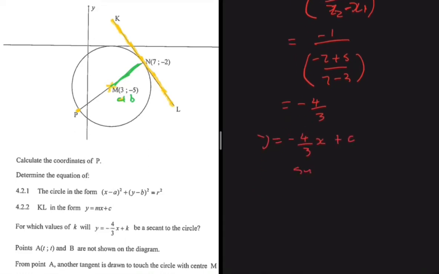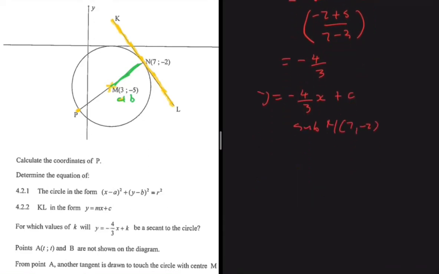Now we can sub in N in order to find c. So if we sub in N, we're going to get minus 2 equals minus 4 divided by 3 multiplied by 7 plus c, right?